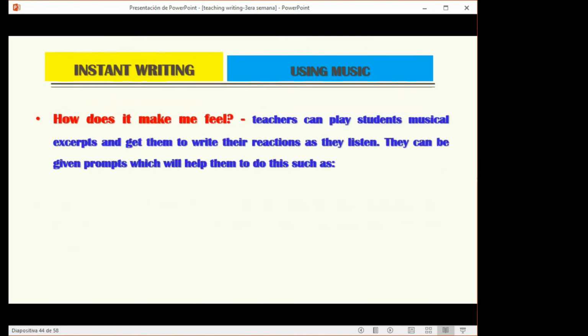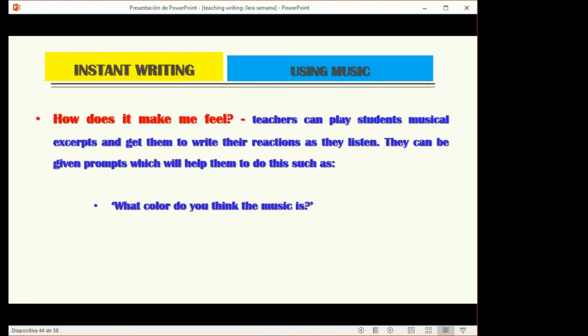How does it make me feel? Teachers can play students musical excerpts and get them to write their reactions as they listen. They can be given prompts which will help them to do this, such as, what color do you think the music is?